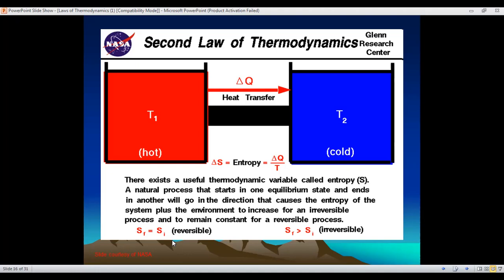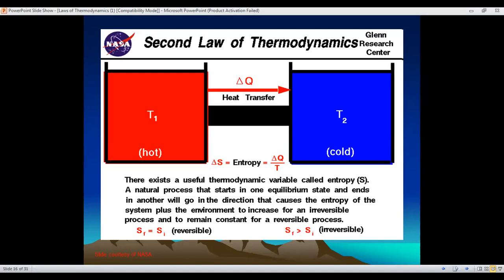If SF equals SI, then this is a reversible process. Here SF means final entropy and SI the initial entropy.